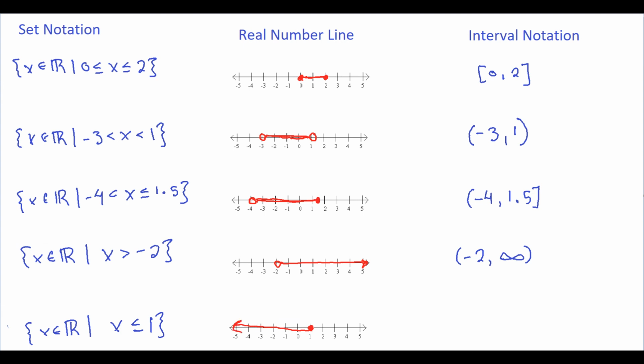That was a little on the sloppy side. Let's try that again. There we go. And now for interval notation, the way that I write this is I have everything from -infinity to 1 with a square bracket at 1. One thing to notice is that you never use a square bracket with infinity.